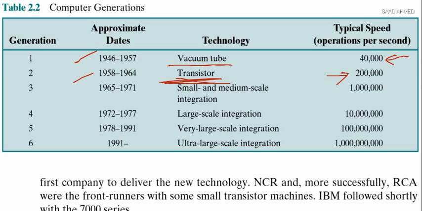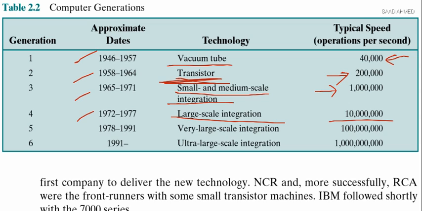Then from 65 to 71, a new technology, small and medium scale integration, was introduced, and you can see that it increased to 1 million instructions per second. Then from 72 to 77, large scale integration, meaning the components are becoming smaller and smaller, gave 10 million.